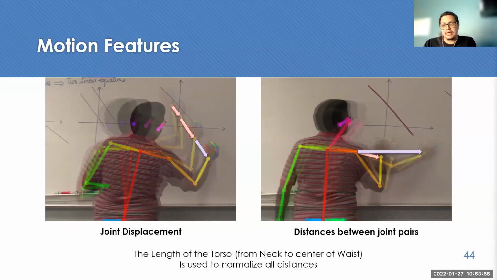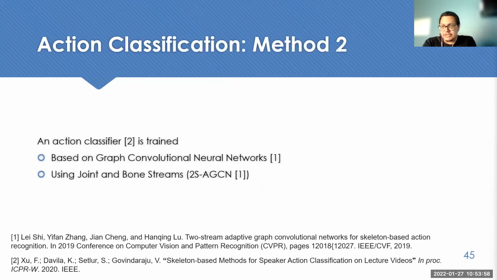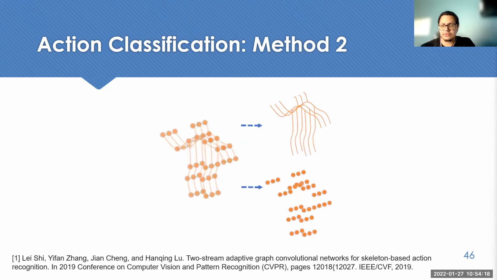So the next thing we tried was a more general action classification approach using graph convolutional networks and a method called the 2S-AGCN. The idea here is that the pose is a graph, right? Basically, the joints are the vertices of that graph, and the edges are the bones. If we represent this through time, with different frames, same pose or pose changing, and we also connect the vertices, the same joint across time, that forms a graph.